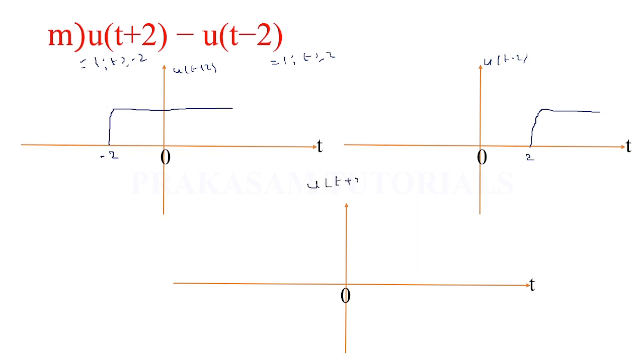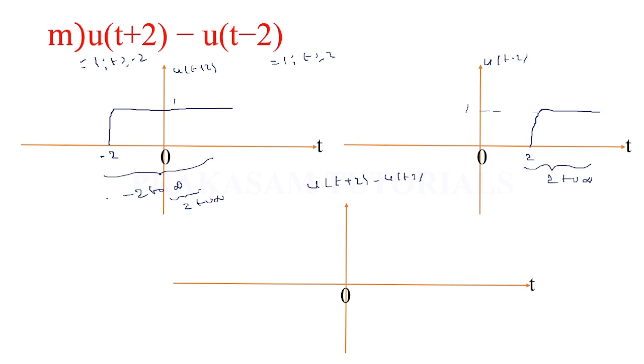Now u of t plus 2 minus u of t minus 2. In this graphical representation, from t equal to minus 2 to infinity, the strength of the signal is 1. Subtracting the u of t minus 2 signal from u of t plus 2, 2 to infinity is present in both, so 2 to infinity and 2 to infinity cancel.